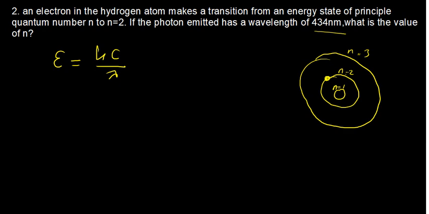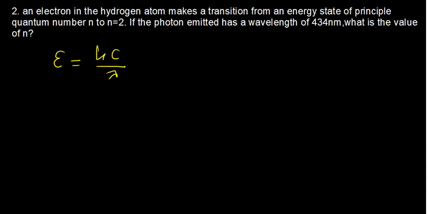After determining that energy, we can now use the relation of that energy we found in a Rydberg equation involving now energy levels. So in this one, we know that the energy, the Planck's constant, we know this is a constant value, that is 6.626 times 10 to the power negative 34 multiplied by the speed of light, which is 3 times 10 to the power 8, divided by the wavelength.